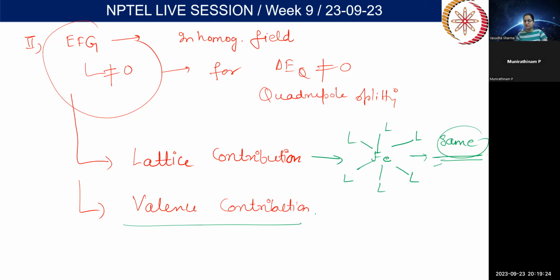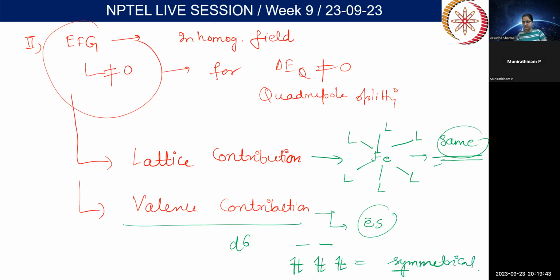Similarly, the valence contribution comes from the distribution of the electrons in the d orbitals. For example, if I have d6, and it is distributed this way, with pairing having happened, one on the other, the distribution is symmetrical. There is no unsymmetry. For example, if I have just d2, that is called unsymmetrical, because the down one, the t2g, is not properly filled.